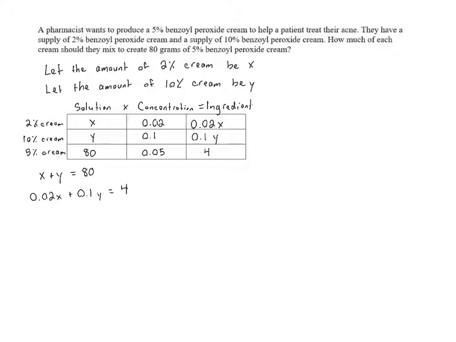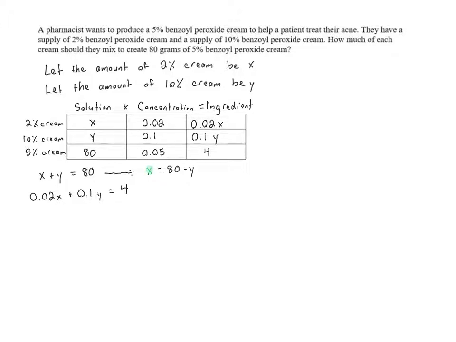And again, we're going to solve via substitution. In this problem, I'm going to isolate x first. To do that, I'm going to subtract y from both sides of the equation, giving me x equals 80 minus y. And once I've done that, I know what to do for my substitution.